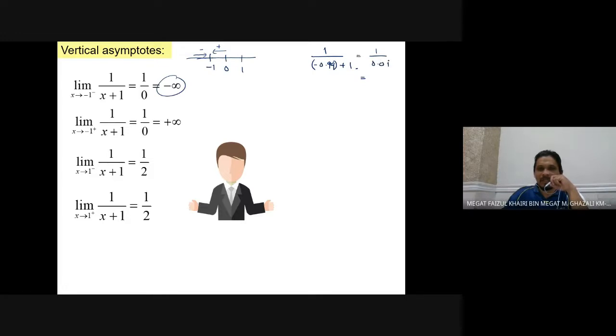So simplify this, you will get 100. A big positive number. So you will get positive infinity.